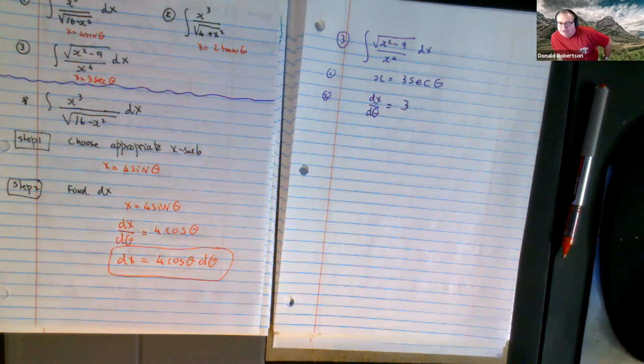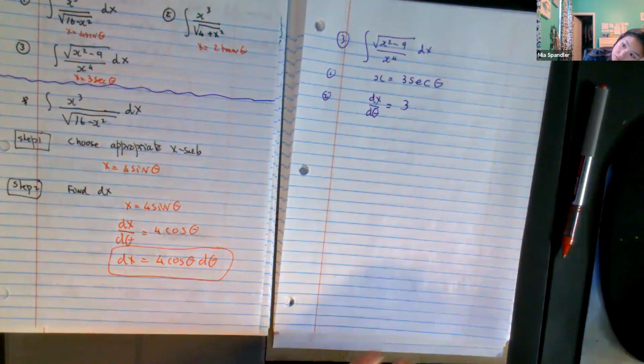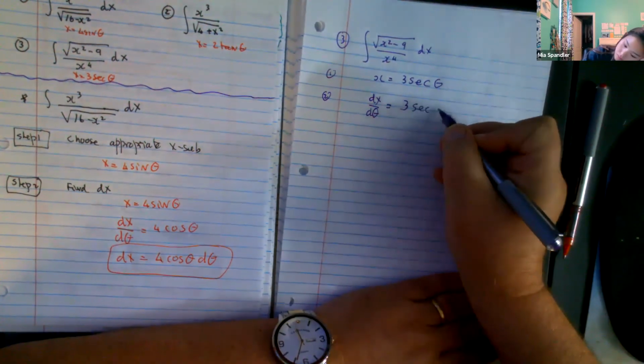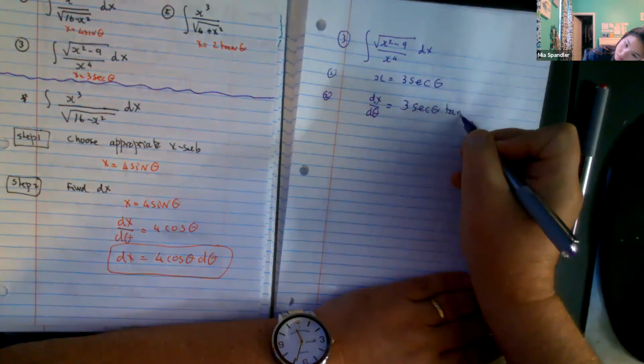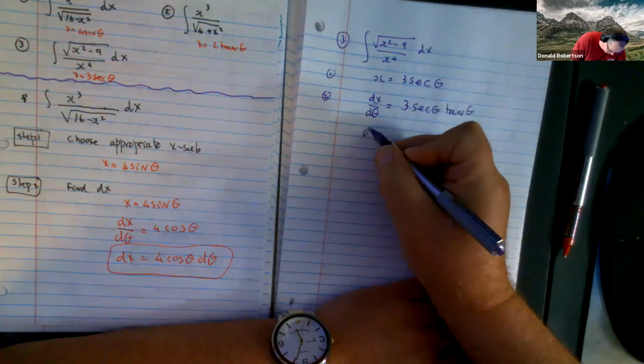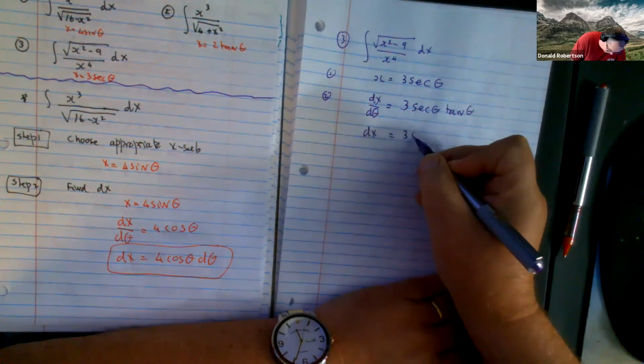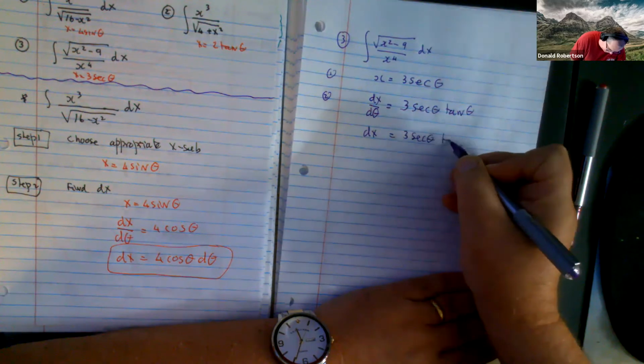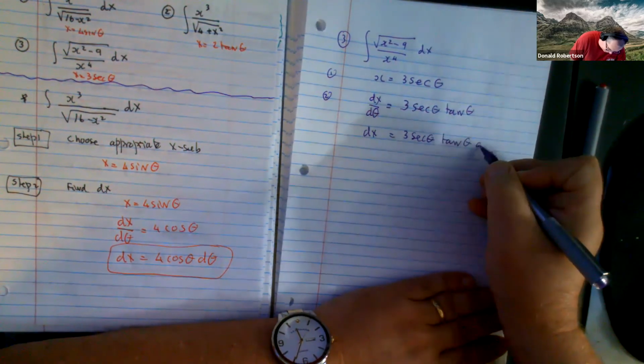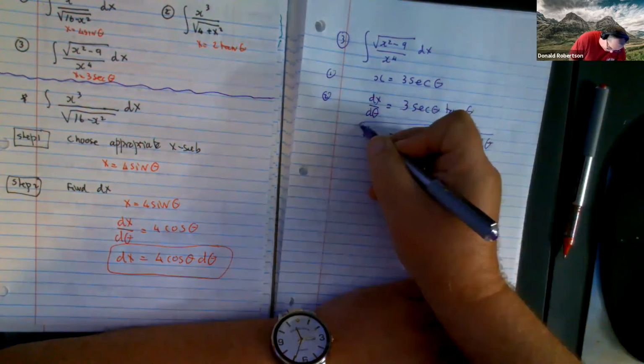What does secant get you when you differentiate? Secant tan. Correct. Secant tan. And so when I do the crossover, right, we're finished.